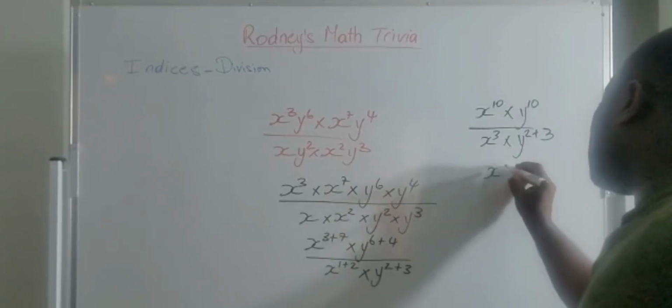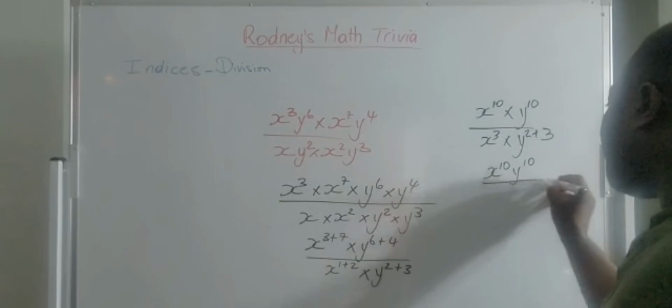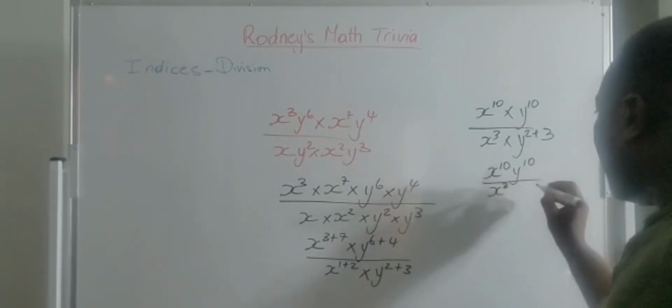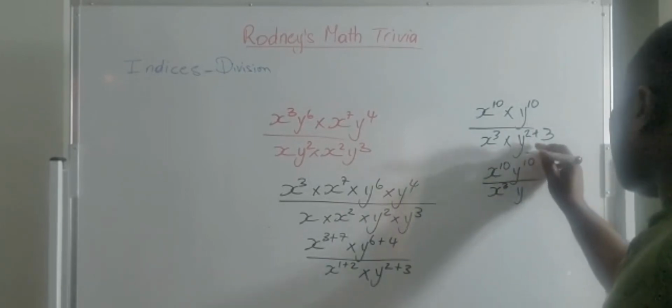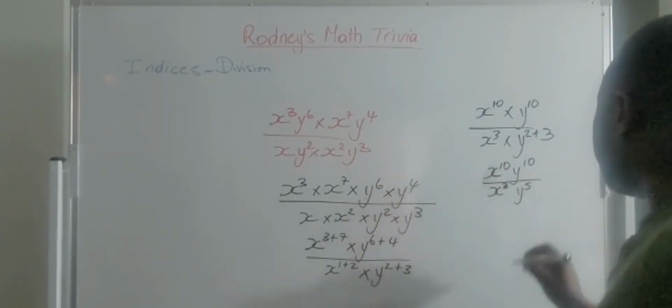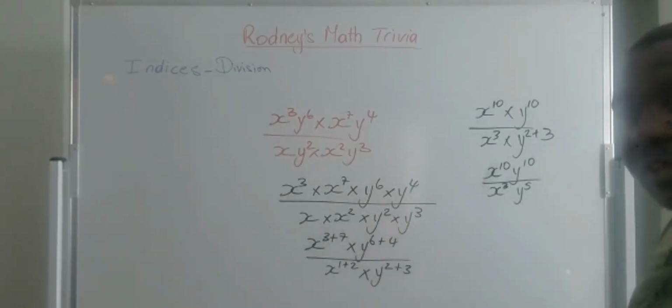So this is x to the 10th, y to the 10th over x to the 3rd, y to the 5th. But remember guys, we have not yet done division.